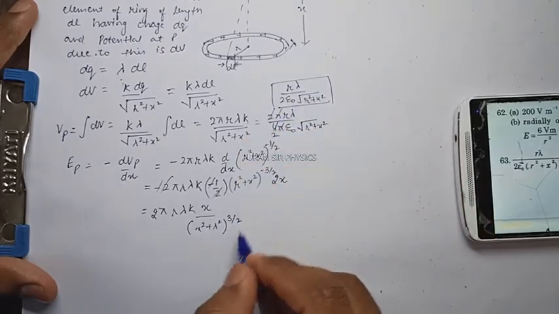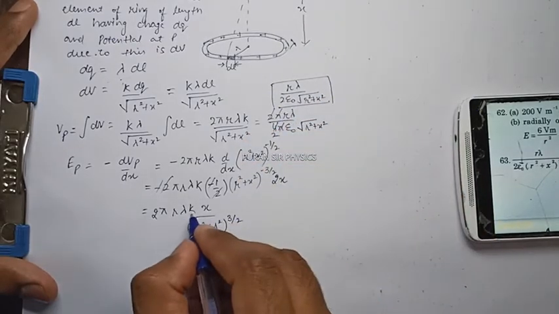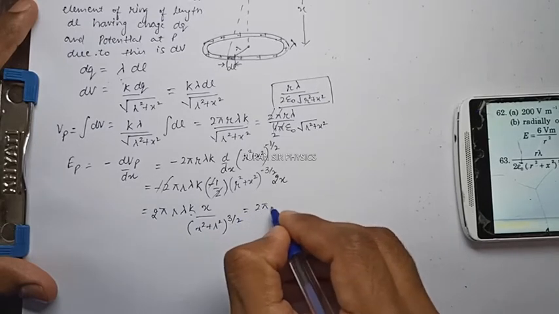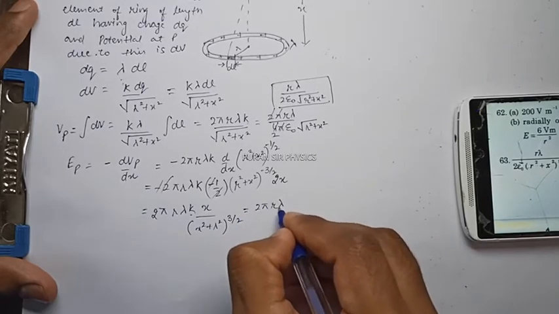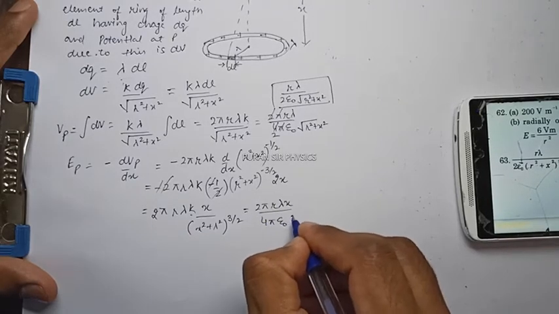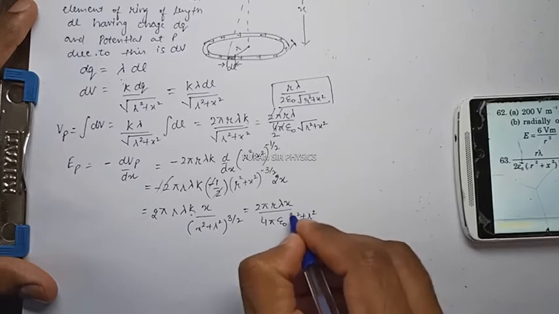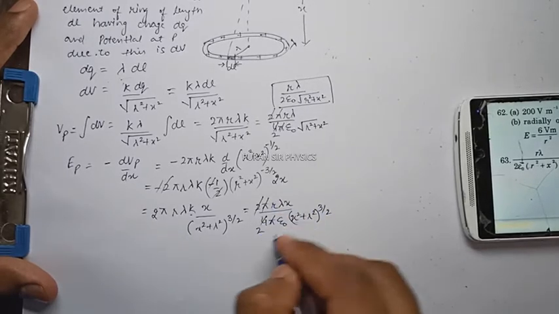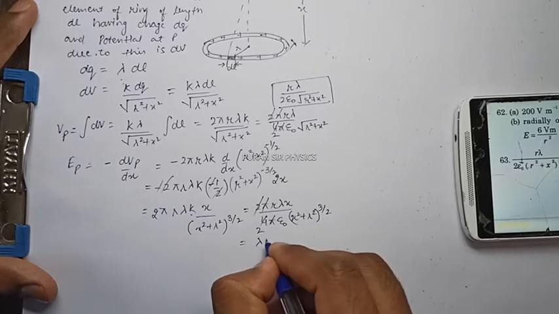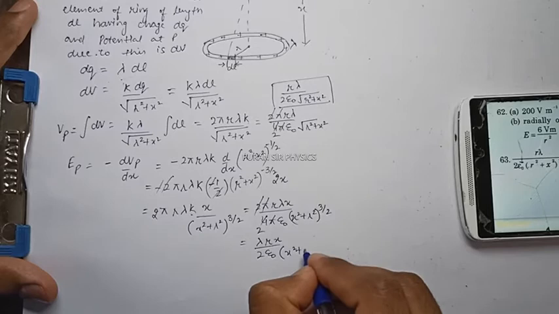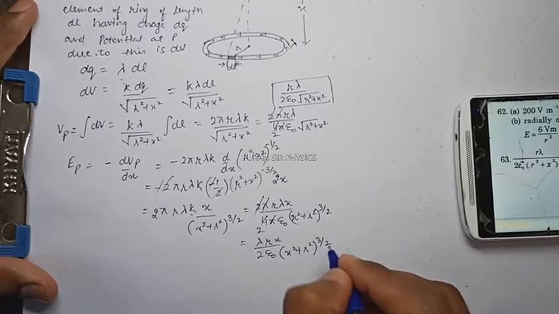So this is the expression for potential, and similarly if we substitute k in the electric field, it will become 2 pi r lambda x upon 4 pi epsilon naught x square plus r square raised to power 3 by 2. So it comes out to be lambda r x upon 2 epsilon naught x square plus r square raised to power 3 by 2.